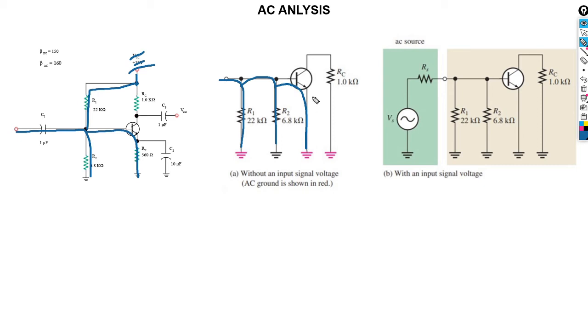But because here we're going to have an R emitter, that's an internal resistor, which we're going to calculate as 25 millivolts over I emitter. Where do we get I emitter in the DC circuit? After here, you see that our RC is connected to the ground as well.